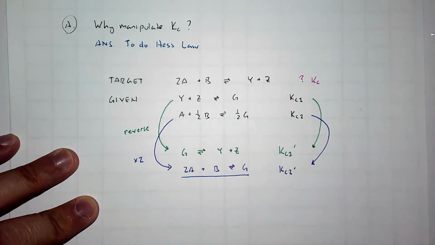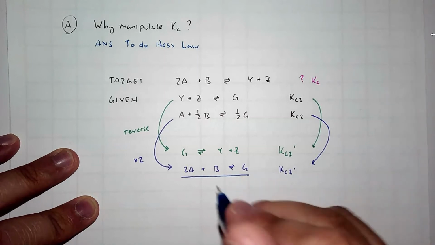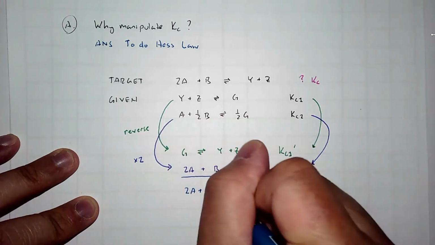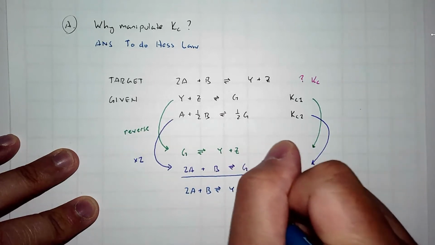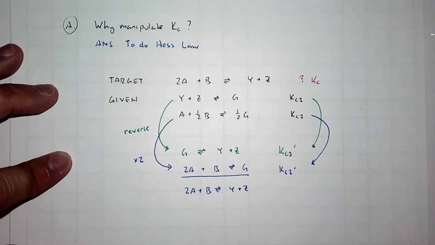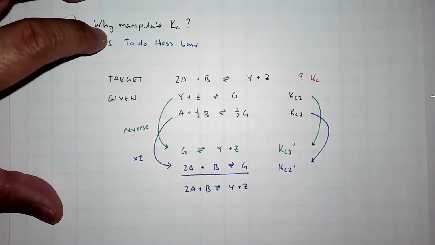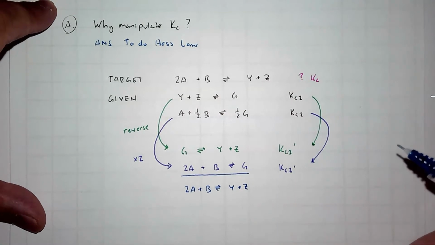But when we add up the reactions, you notice that the G's cancel out, and we have 2A plus B goes to Y plus Z. By the way, let's assume that everything's a gas to keep things simple, so we're not going to write down the phases.